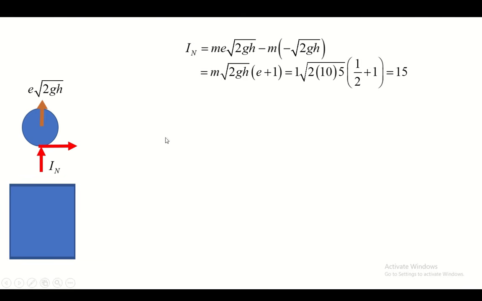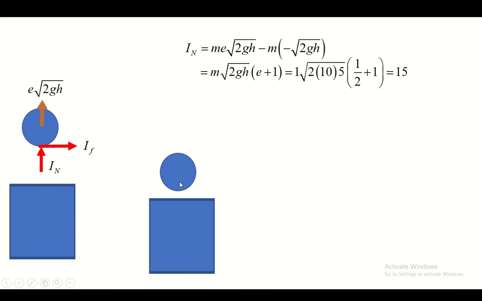Now there is also friction between the block and the sphere, and suppose the impulse of friction is IF. This IF will change the momentum of the sphere in the horizontal direction, and suppose it acquires a velocity v. This v will be IF over mass, because IF is impulse, that is change in momentum.